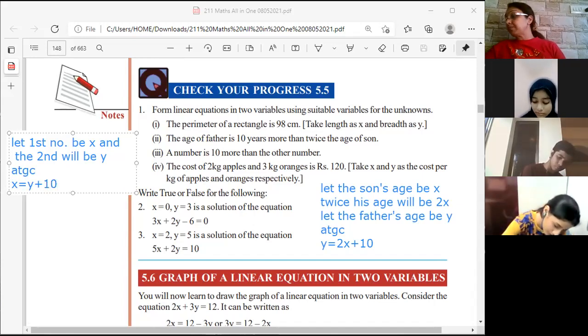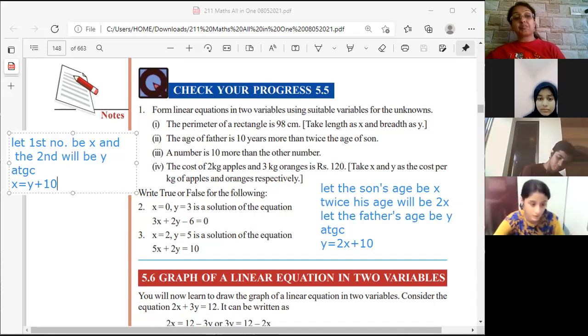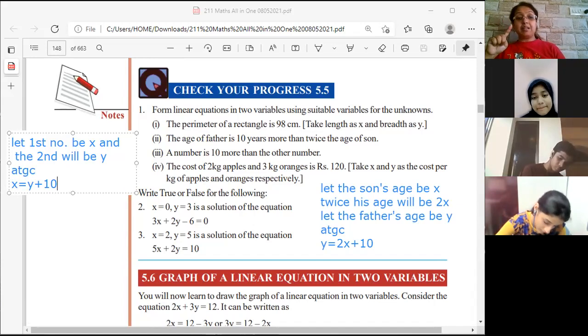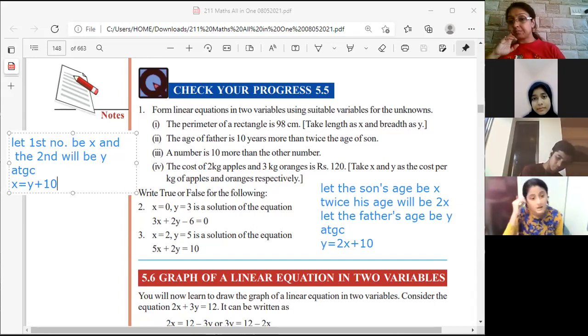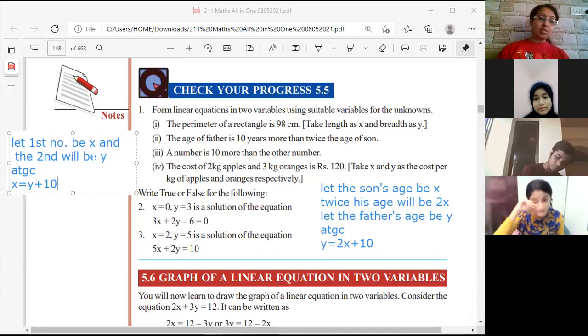Is the equation made? A number is 10 more than the other number. Okay. We can do it like that also. Or if you make it this way also, it is going to be right. 10 plus x is going to be y.